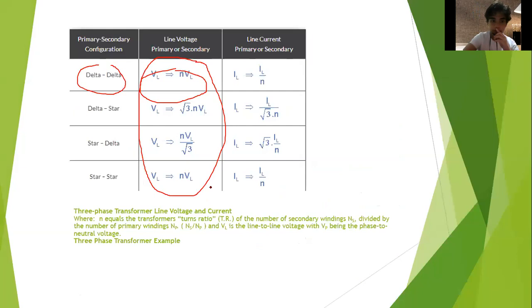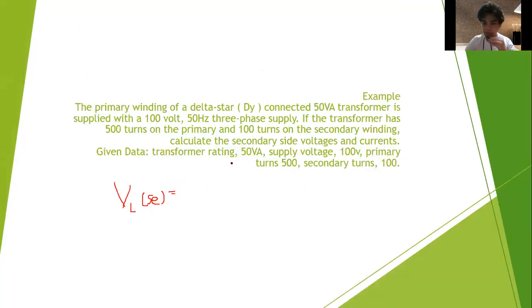For the delta, we will use square root of 3 times n times VL primary, since we are to compute the secondary side voltages.